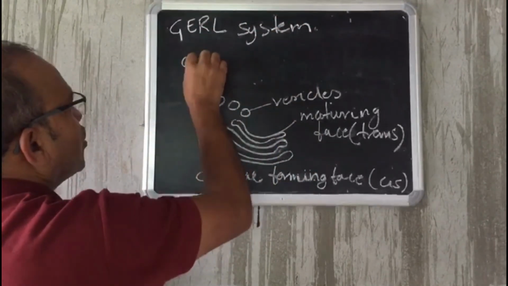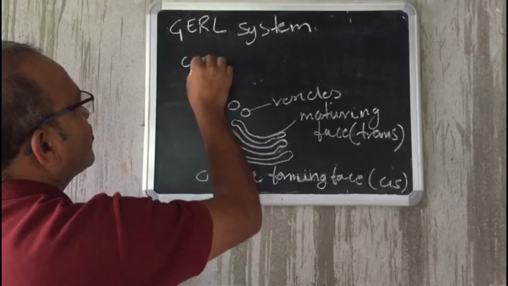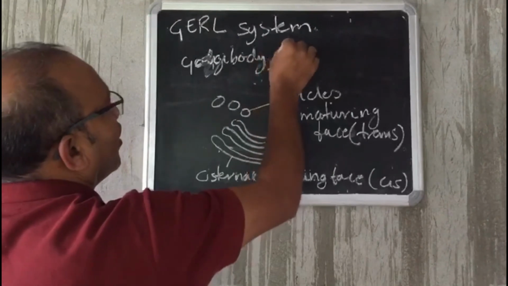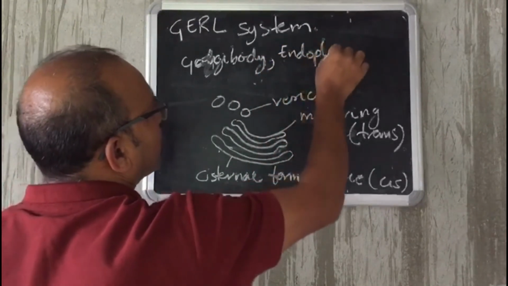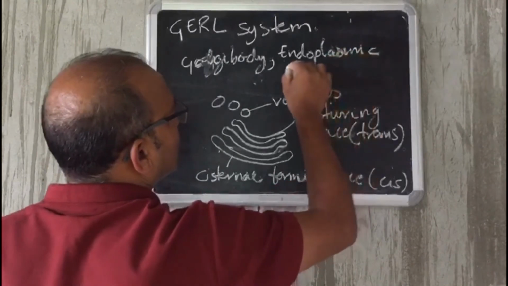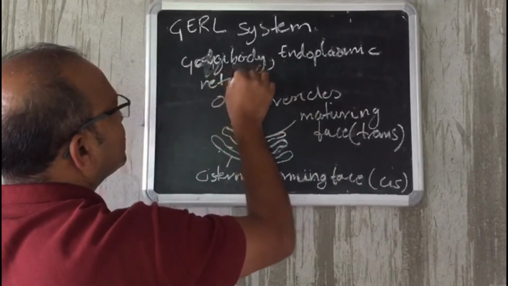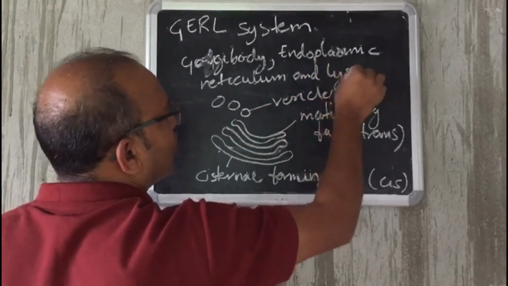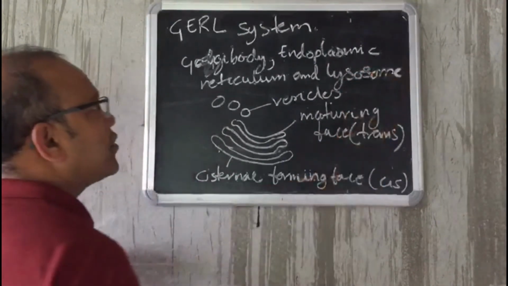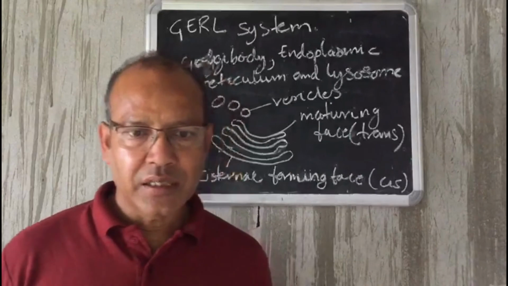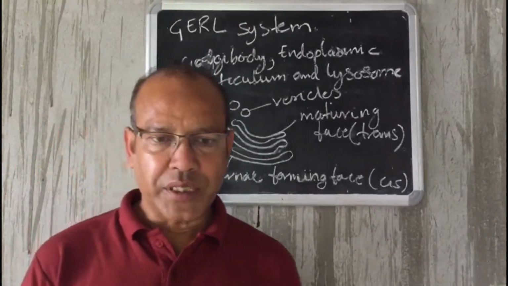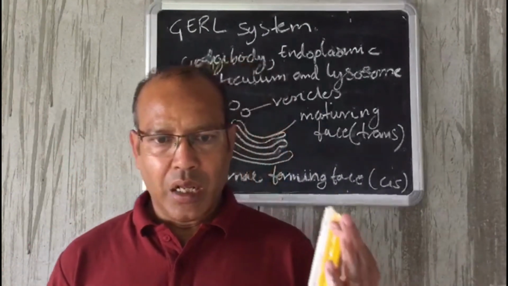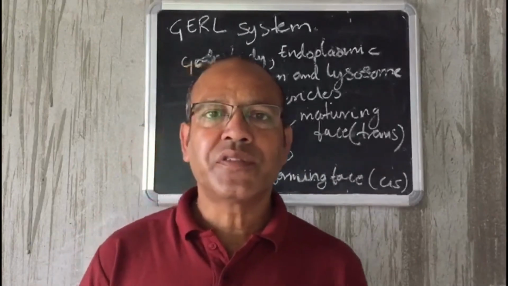This is basically Golgi body, endoplasmic reticulum, and lysosome combined together as a unit, called the GERL system. They work as a unit, and they work together in the process of secretion.